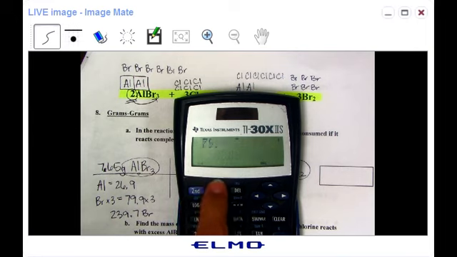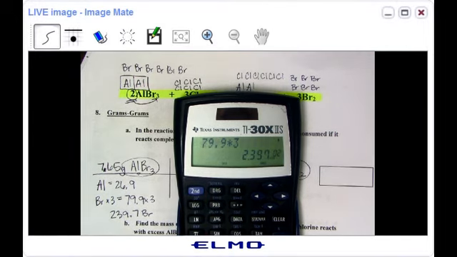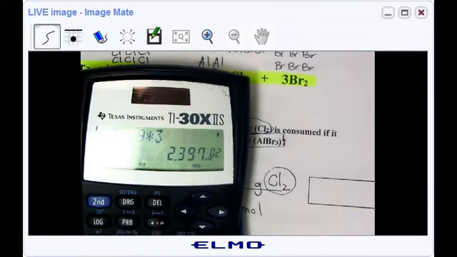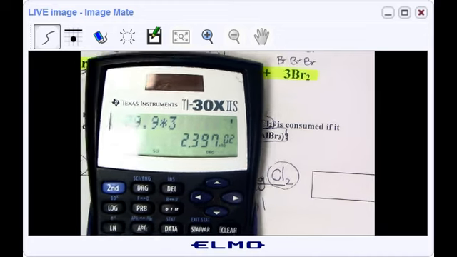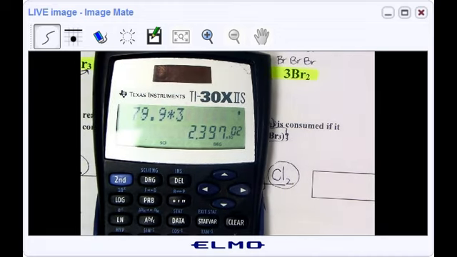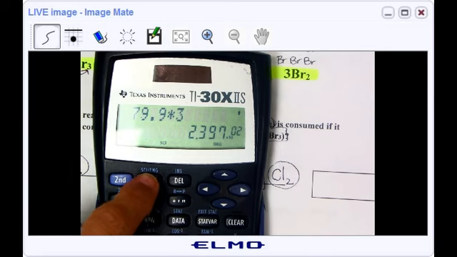If your answer looks a little bit different, and if it looks like this, 2.397 times 10 to the positive 2, go ahead and change modes. Hit the second button right here, and then you hit DRG.